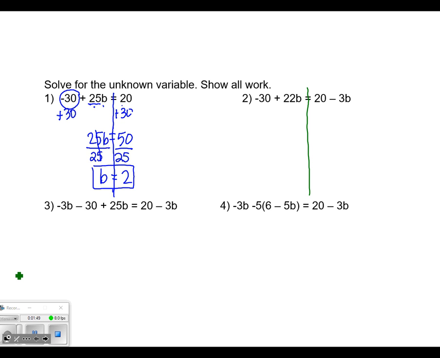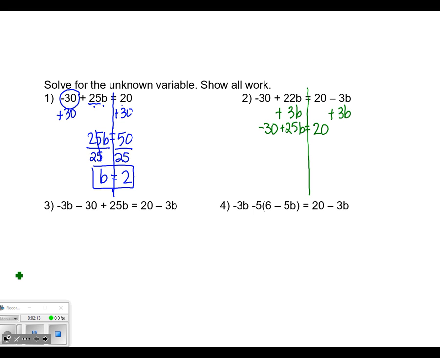So what I need to do is undo one of those variable terms. And I think I'll undo the negative 3b by adding 3b to both sides, which then gives me negative 30 plus 25b equals 20.